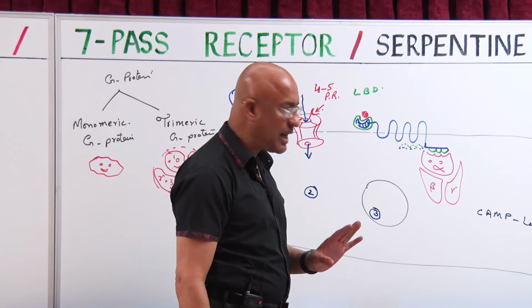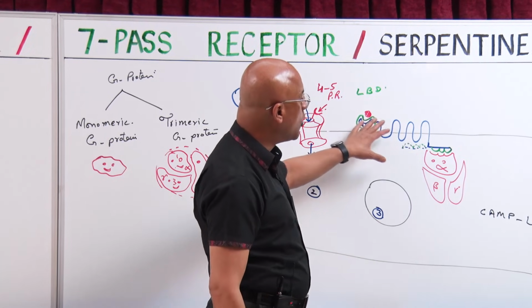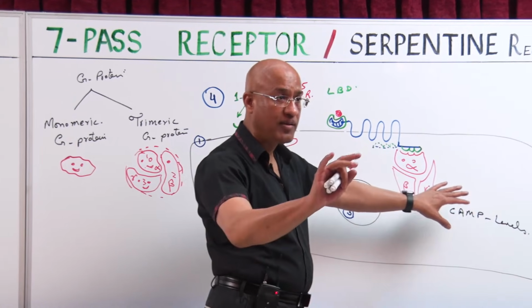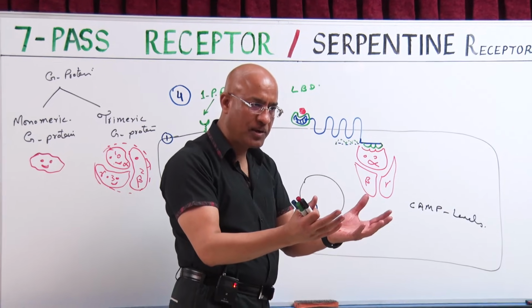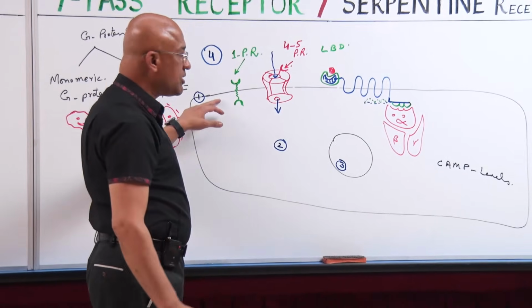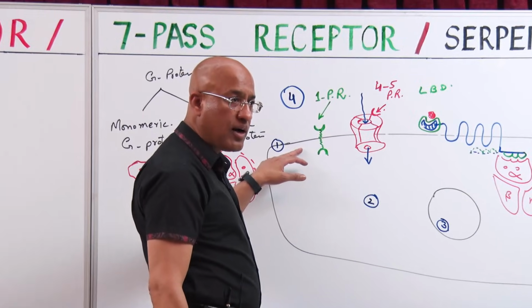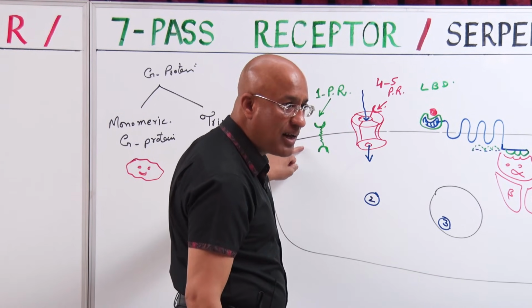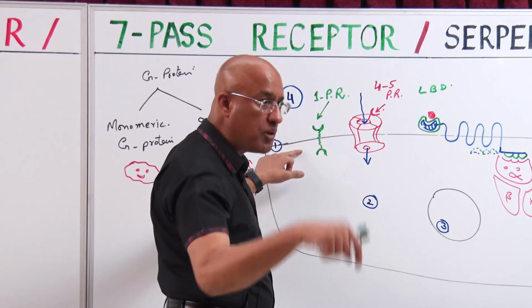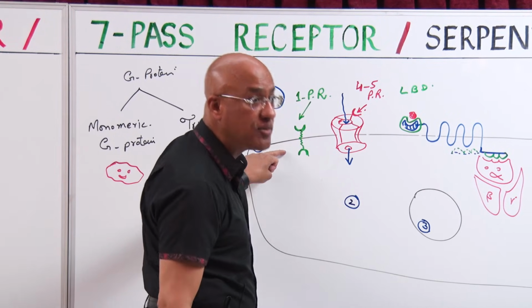Right? Is it clear? Now, the whole signaling pathway we will discuss later. I'm just discussing the broad categories of receptors. The first category we are talking about is those receptors which are expressed on the membrane and have a component passing through the membrane. We call them transmembrane receptors.